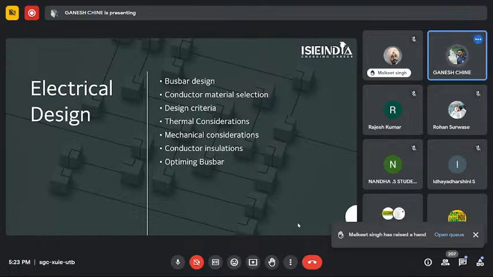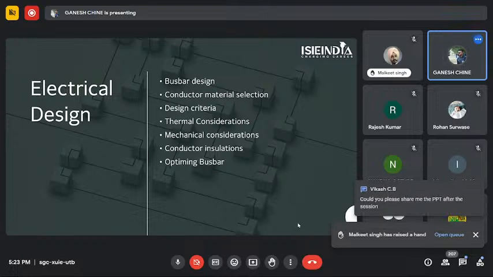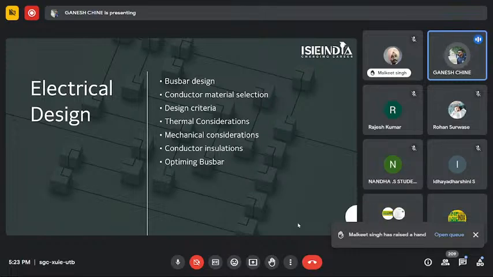Ideally, we use copper, and copper and nickel are used for the design of the bus bar.